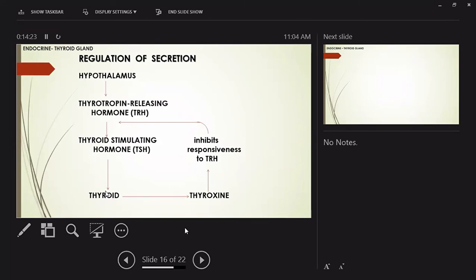The thyroid also will recycle. The iodine in the MIT and the DIT will be acted upon by the deiodinase enzyme, and the iodine will be brought back to the colloidal area for recycling. So they will use it again.